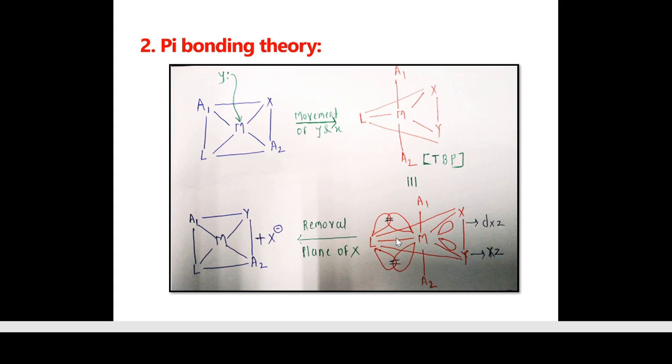There is overlapping between the empty p orbital, d orbital or pi star orbital of the ligand with the filled orbital of the metal. During this interaction, electron density from the dxz orbital is withdrawn away by the incoming nucleophile Y, and because of this the MX bond becomes lengthened and weak, X gets easily removed, and Y is situated at this position.